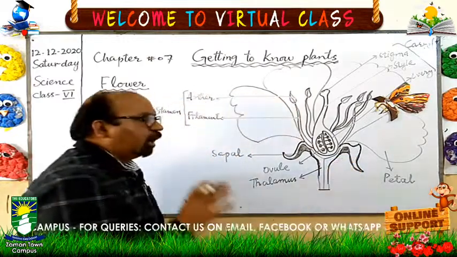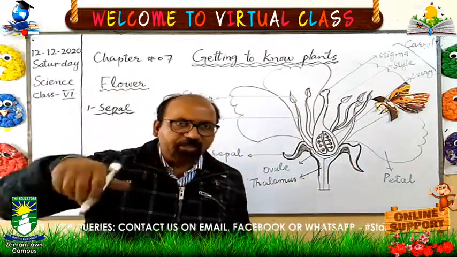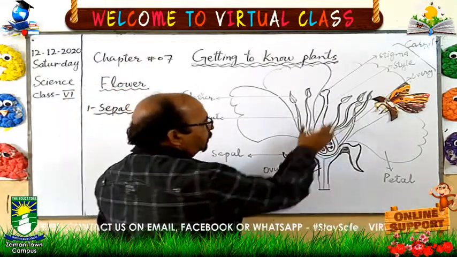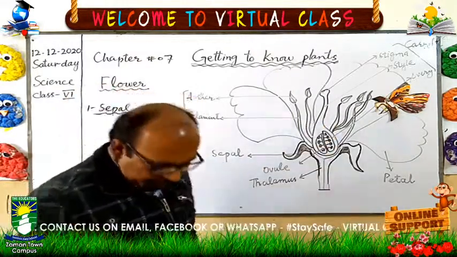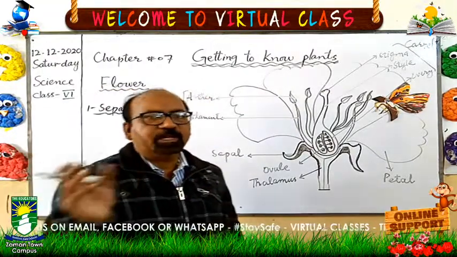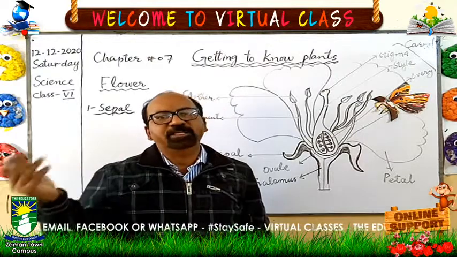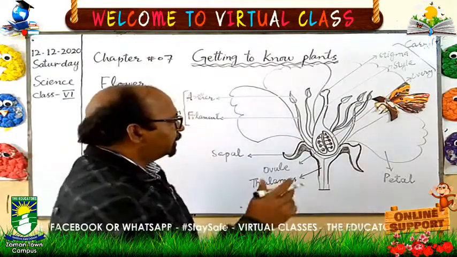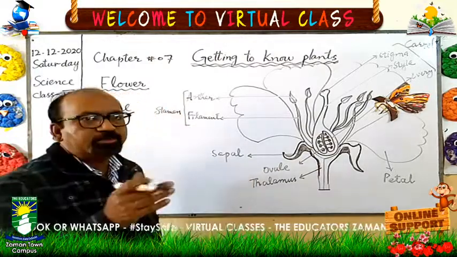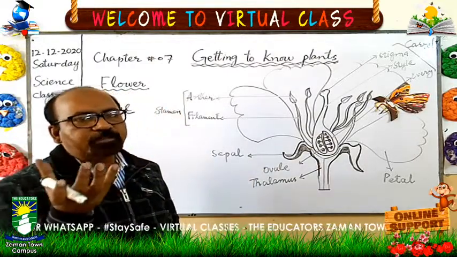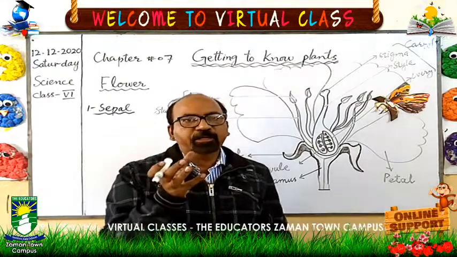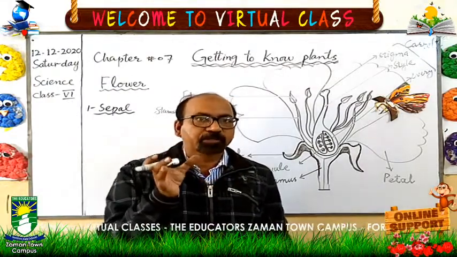Sepals are the outermost layer of the flower, and they protect the inner part of the flower. They are different in number in different plants. Sometimes they are 3, sometimes 5, sometimes 7, but the basic function of the sepal is to protect the inner part of the flower. Especially they protect the flower when it is not yet a flower but a bud.